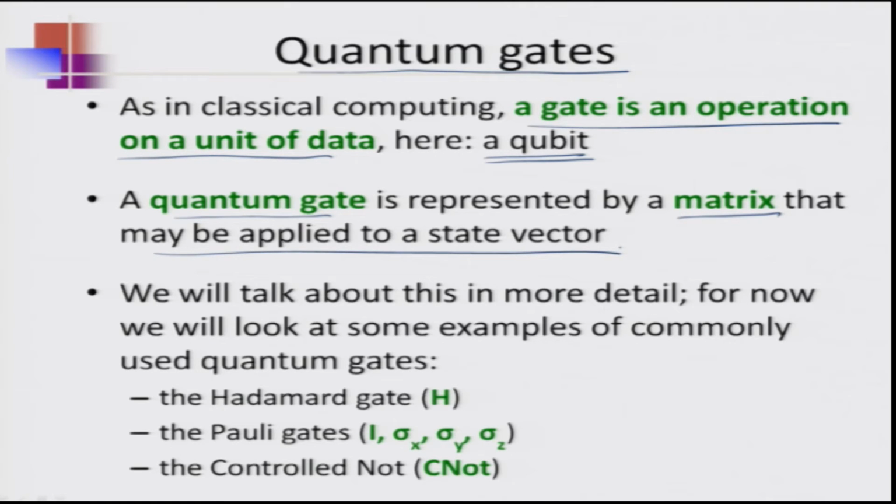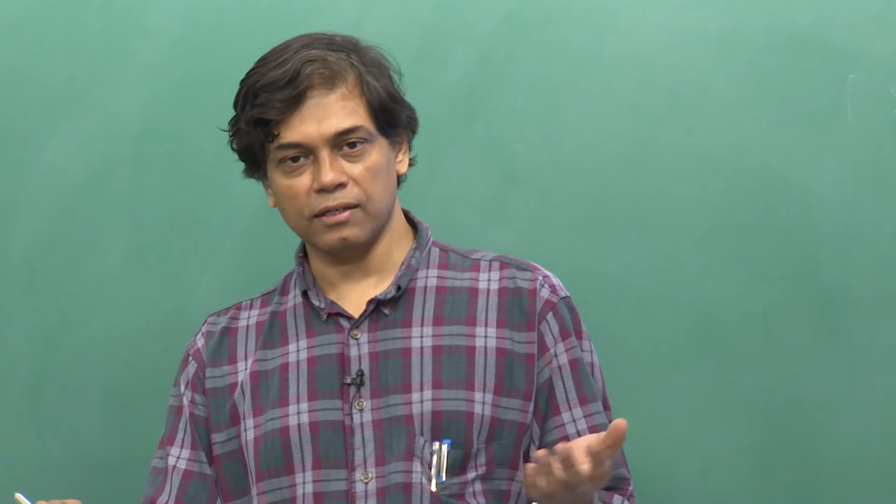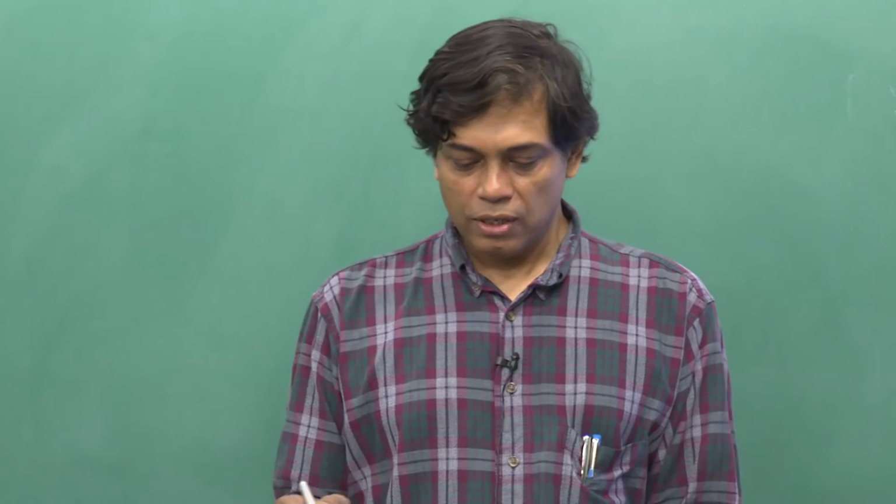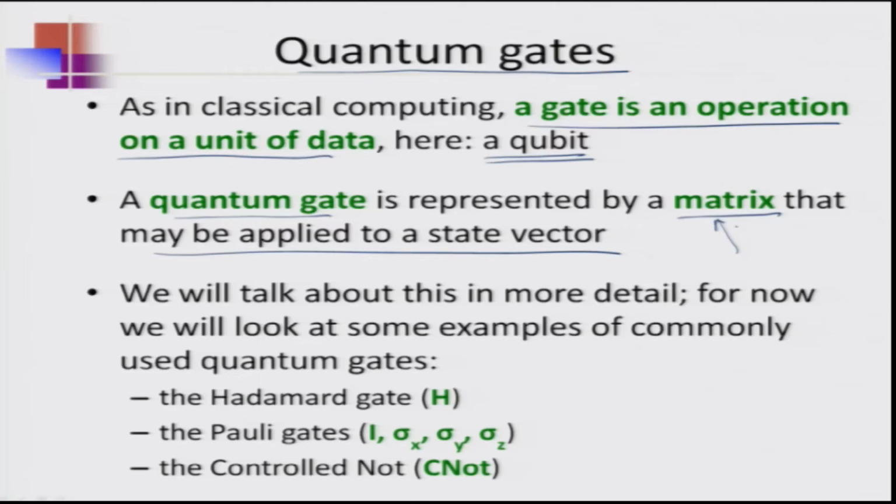You can already see why it is a matrix, because states are represented as vectors, which are essentially single order matrices. So, if you want to operate on them and change to another one, you need a matrix, most often a square matrix. So, quantum gates are often square matrices which can change the vectors into the states that you would like.